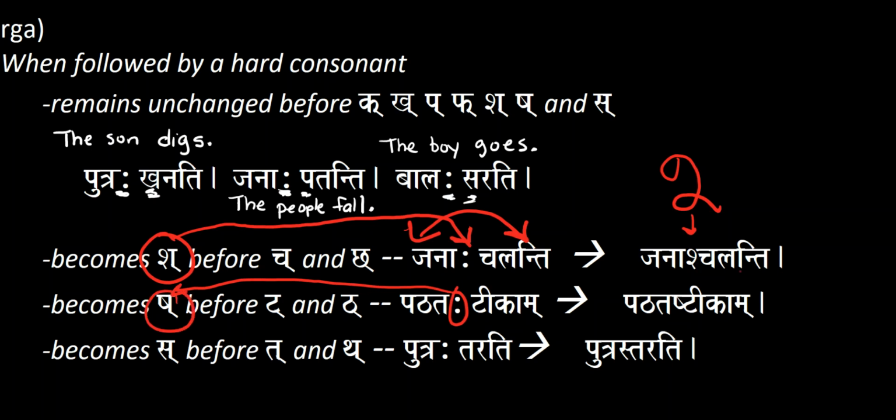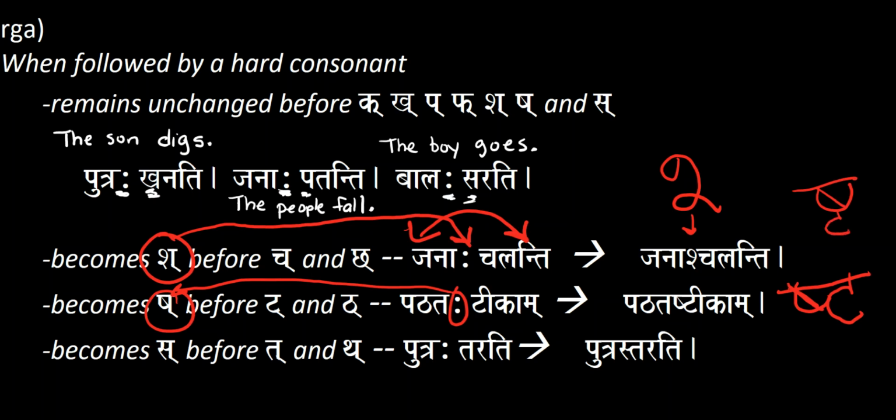And instead of writing the sha with a halant, you could just write the half sha connected to the next consonant. In this case, it's a ta. Instead of writing it this way, you could also write it as this. If you remember, we learned about this in a video.